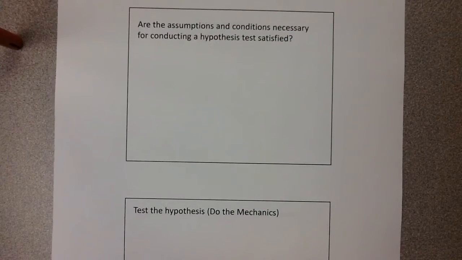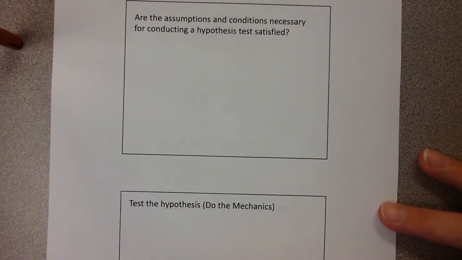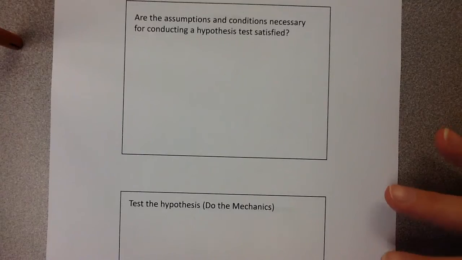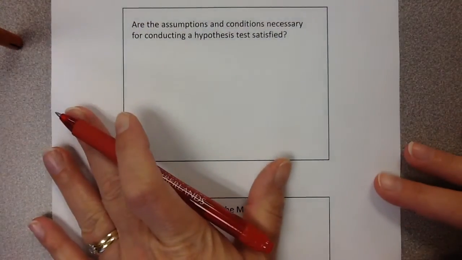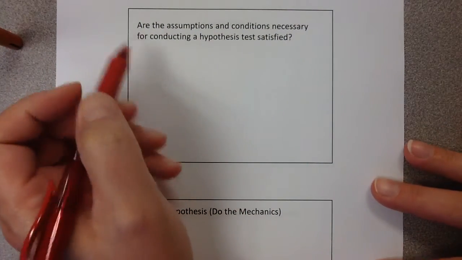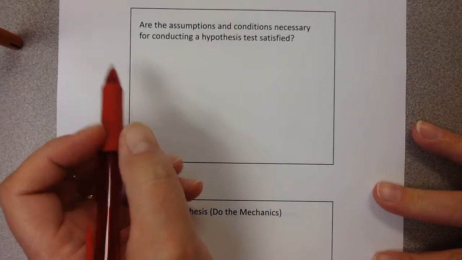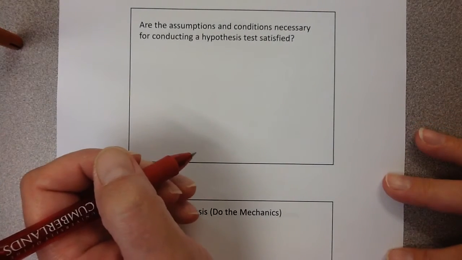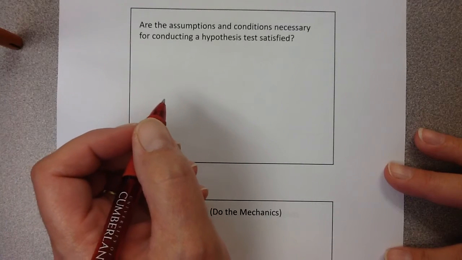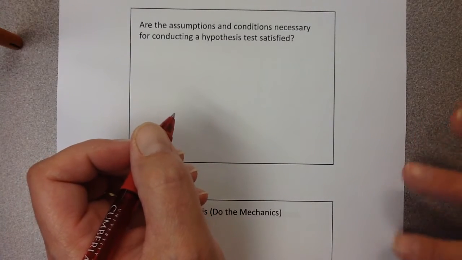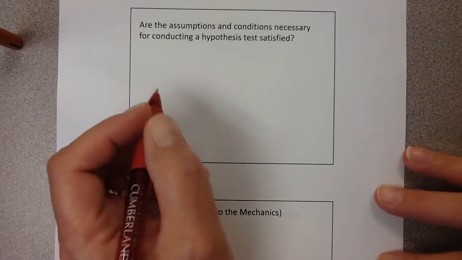Okay, step 2, check your conditions. They're exactly the same conditions that we checked for the confidence interval. So I'm going to roll the first two into one. I need my groups to be independent, and I need them to be from a representative or random sample. Nowhere in the problem stem did it say that they did a random sample. They just found 450 people with cardiac disease.